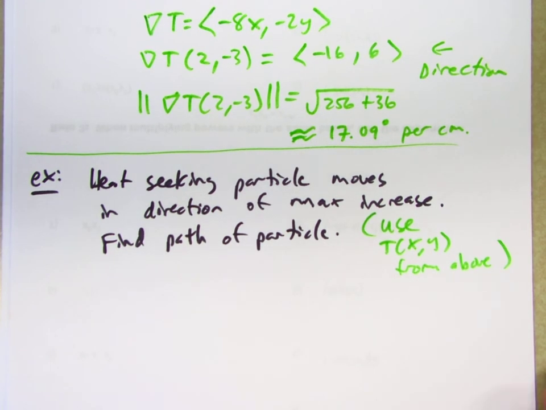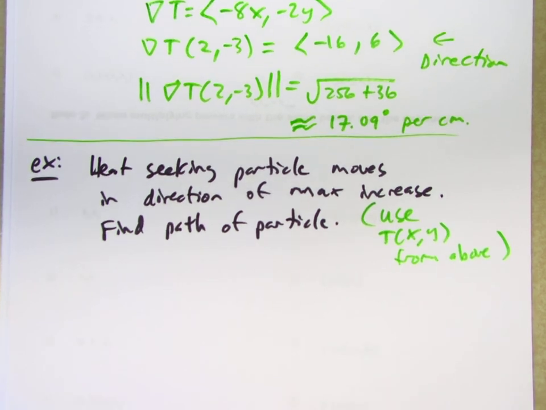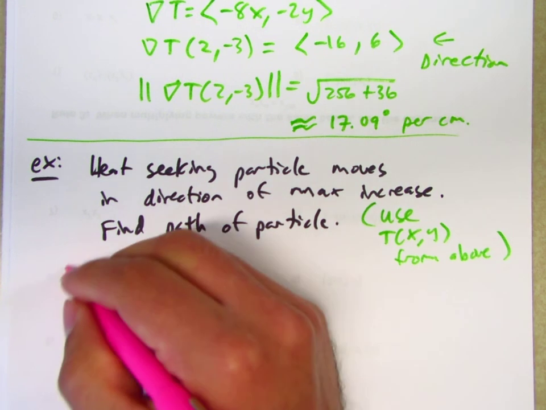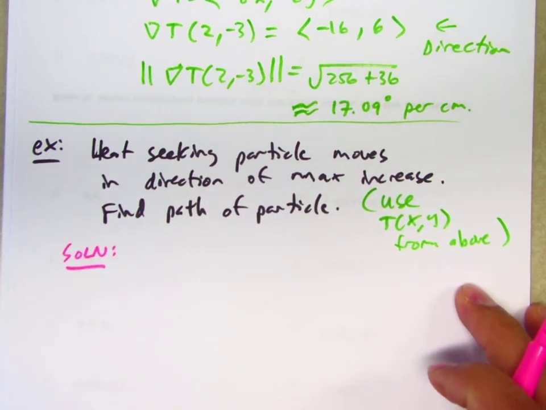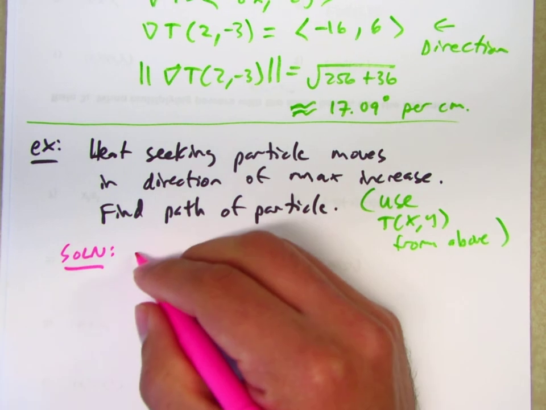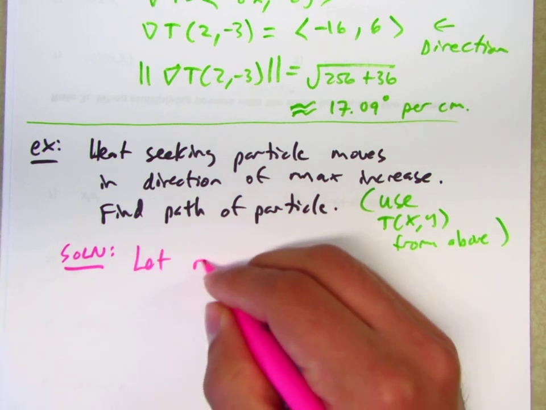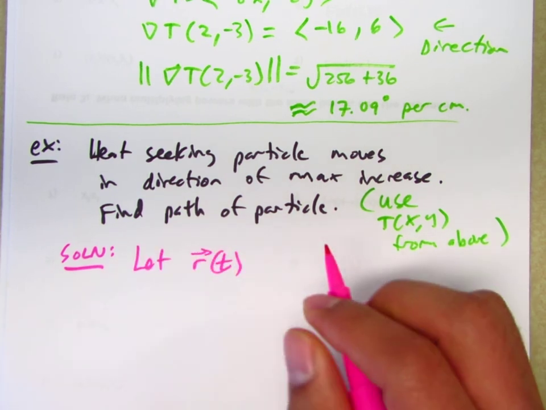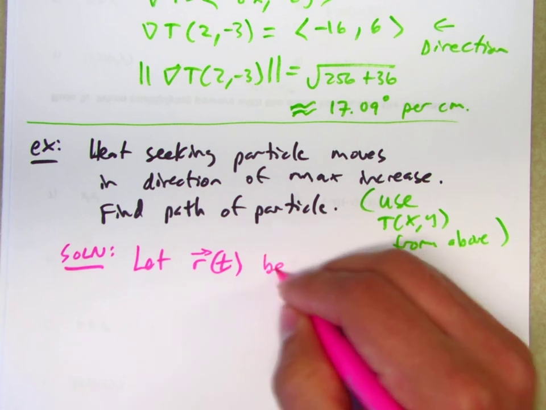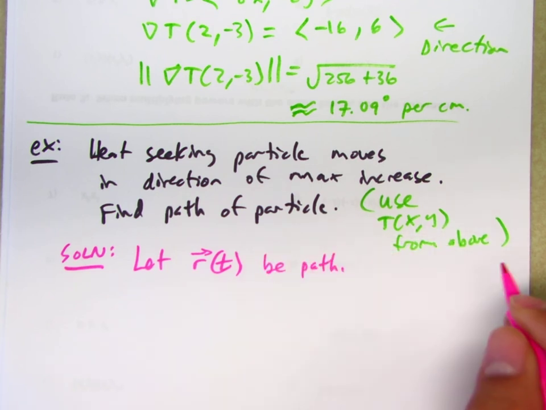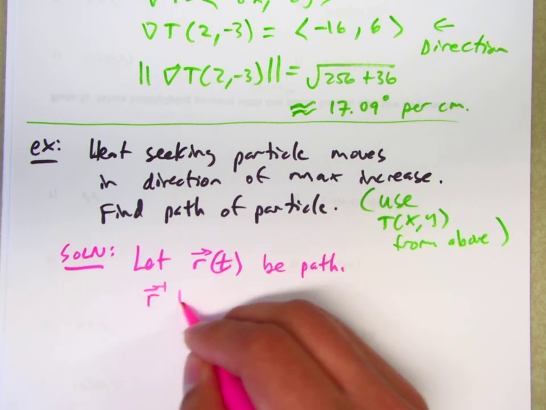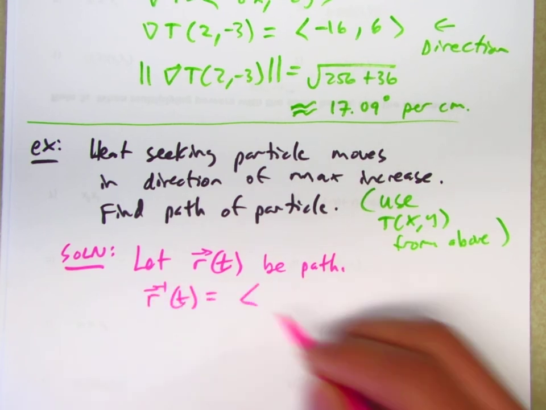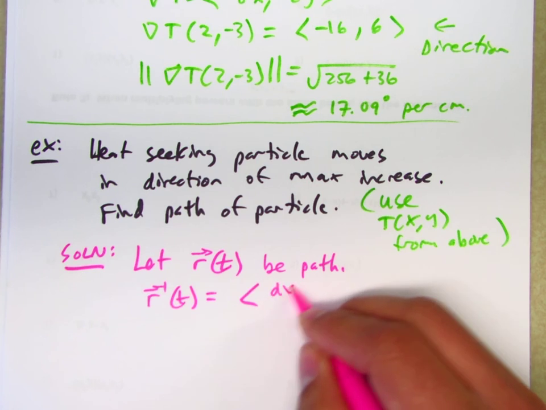All right, so here's the solution. First we start by saying, okay, I don't know the path. Let's call the path r of t. Now I know that if I take the derivative, that's going to be dx/dt and dy/dt.